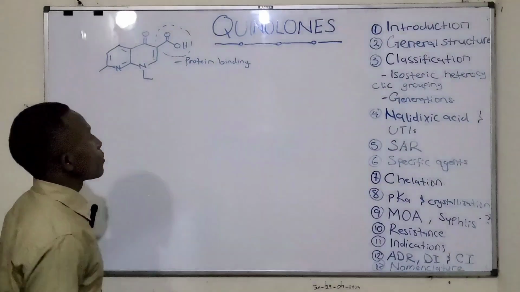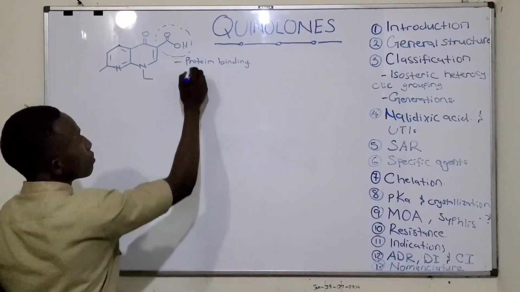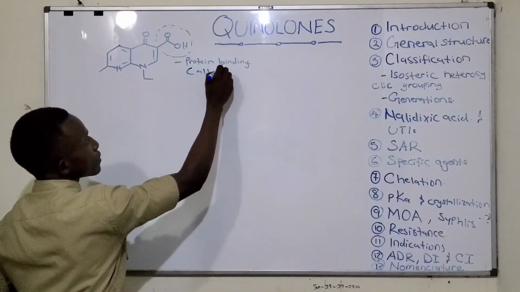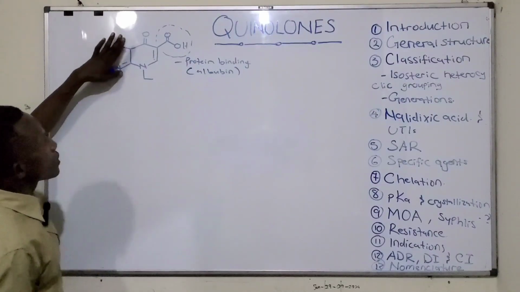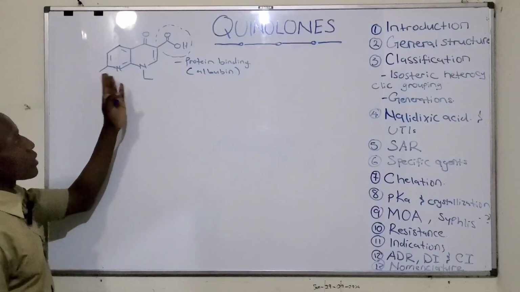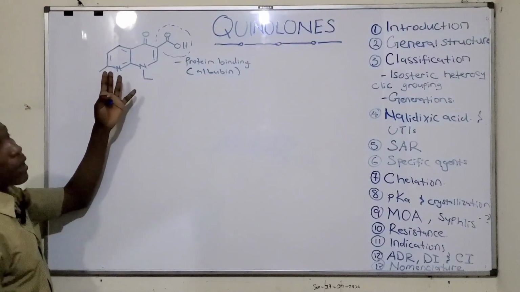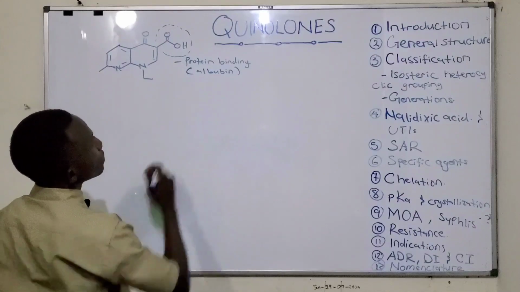So remember, the acidic drugs bind to albumin. And since nalidixic acid has the carboxyl group but no basic group, it is highly bound to albumin.